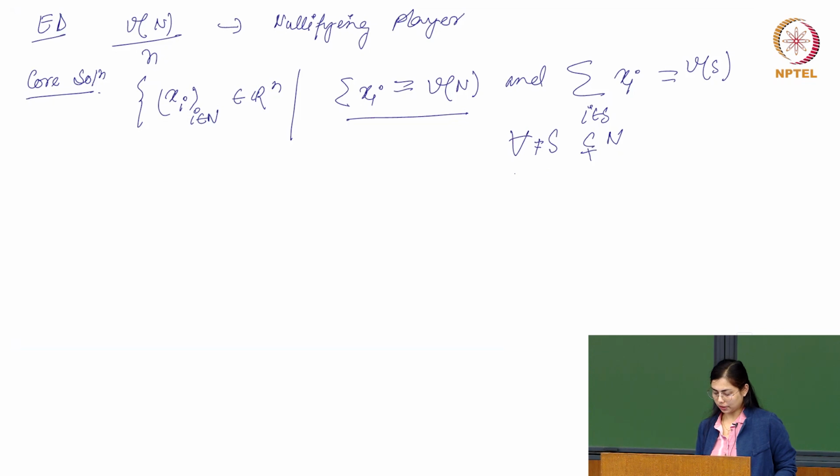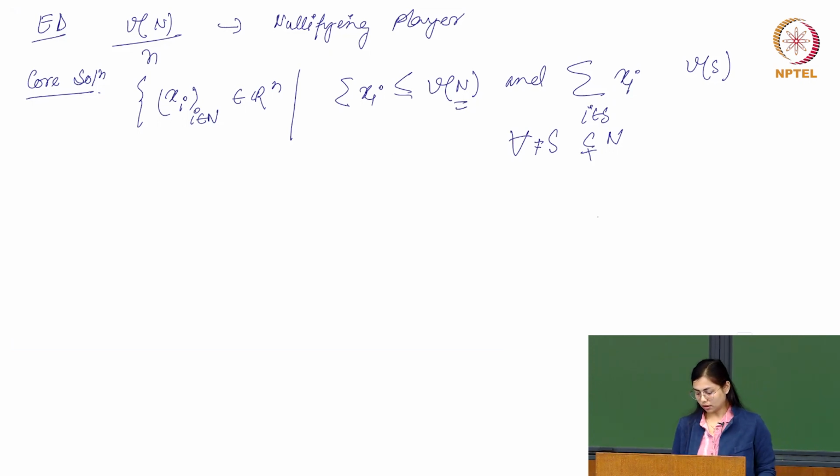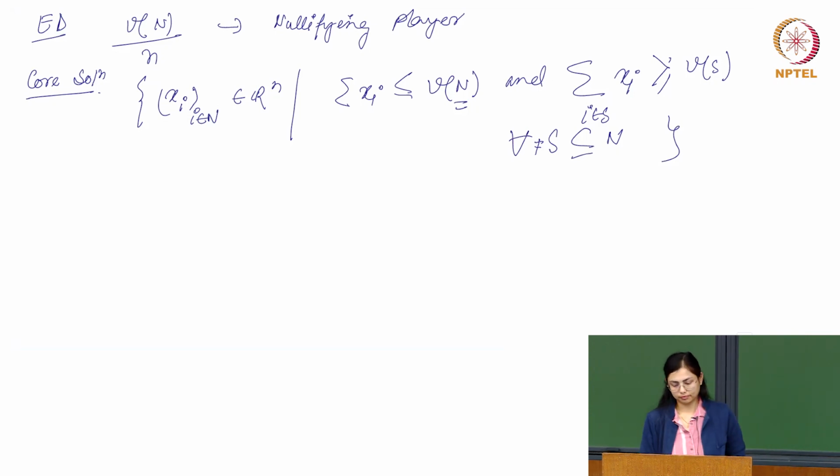In the earlier condition, I had written it like this: for the grand coalition, we consider equality, and when S is not N, we consider greater than or equal. What he is saying is that for all S, it can be any subset, not necessarily proper. Now when both hold, it's actually equal, less than or equal to and greater than or equal to. We have some calculation to do.